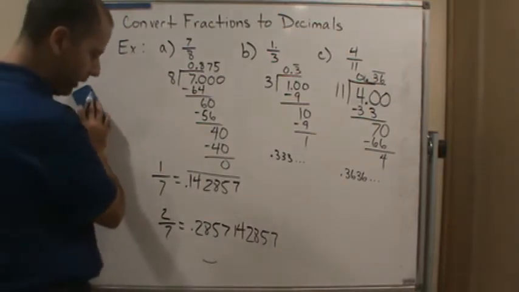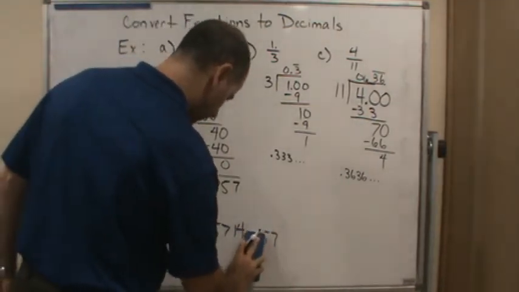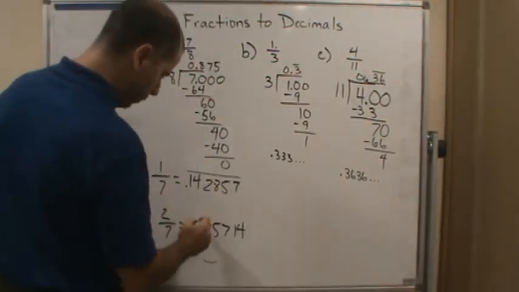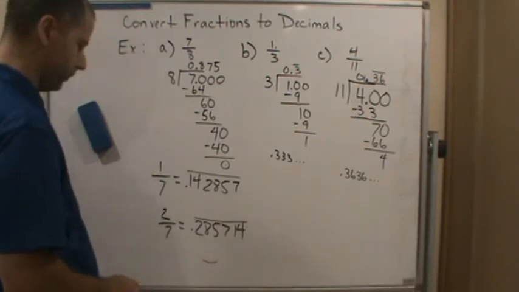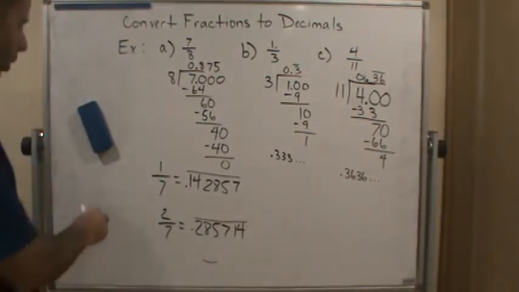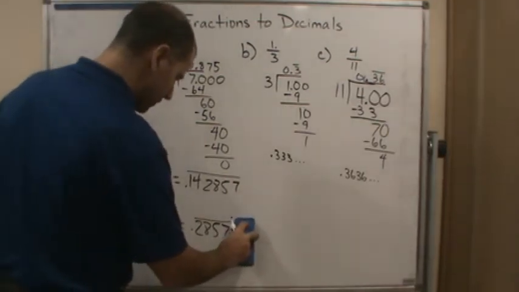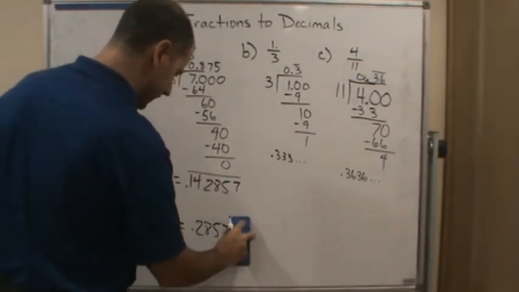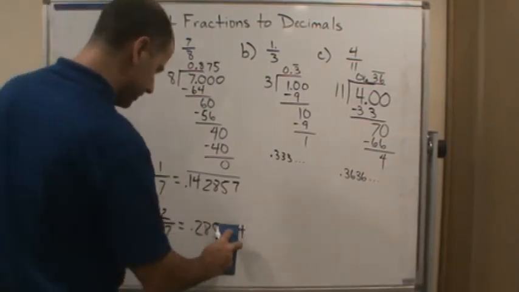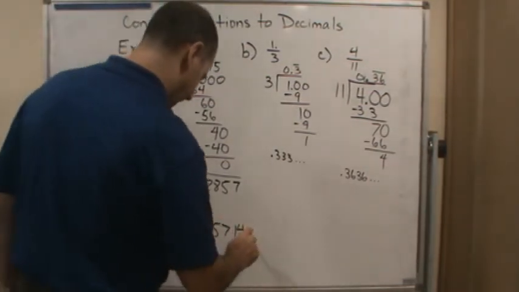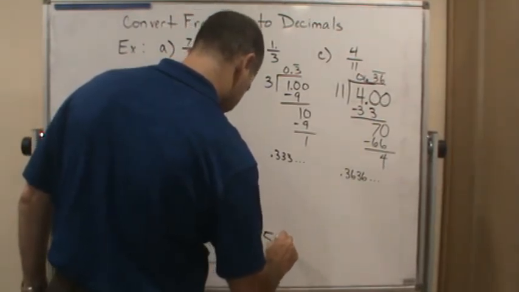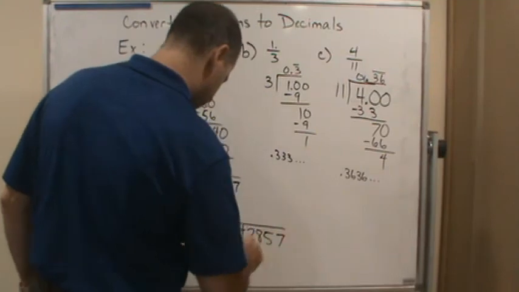And then like this one here, you could do the same thing. You could put it here. Or another way to write this, because sevens are special because they have the same repeating digits, they just start in different places, you could write this this way.